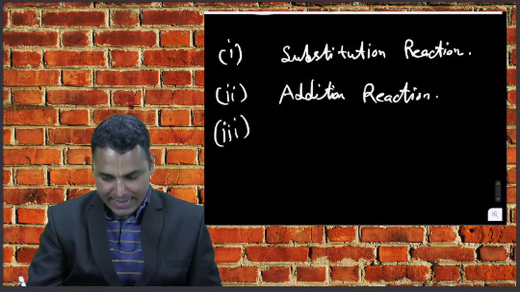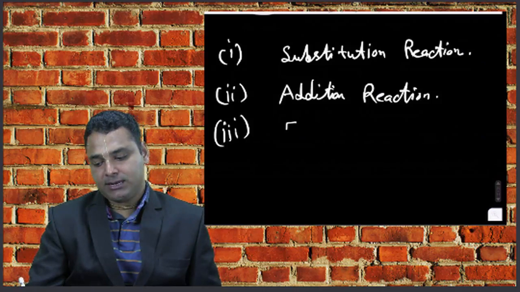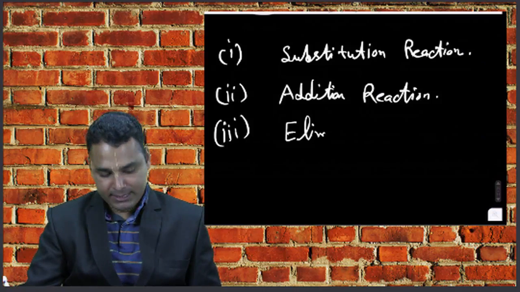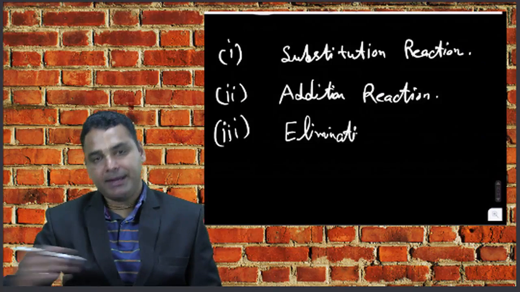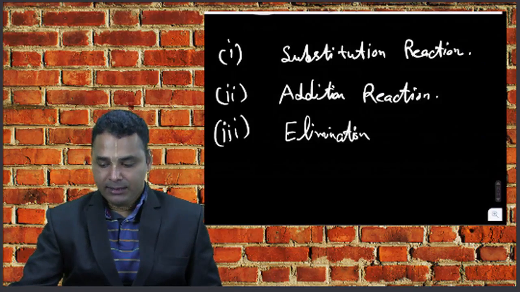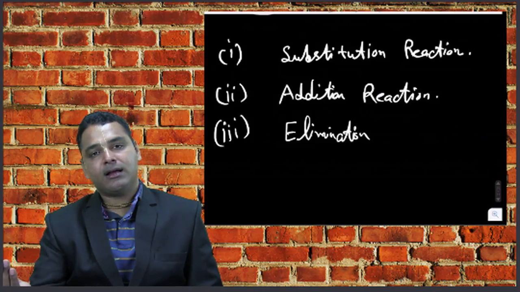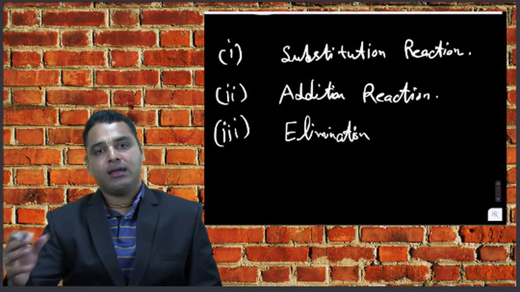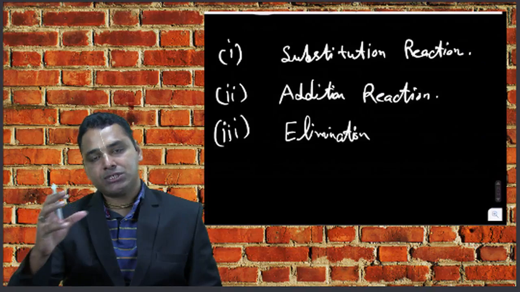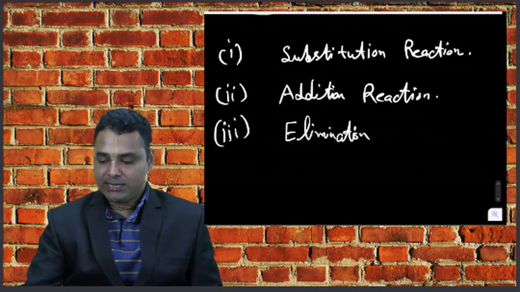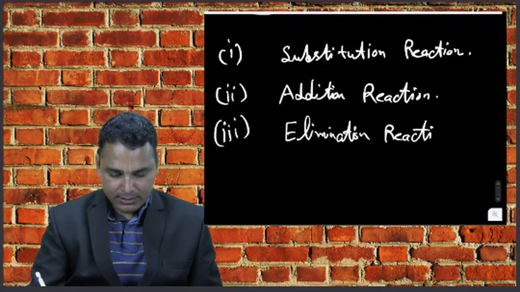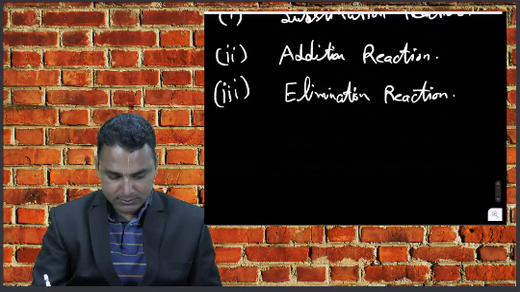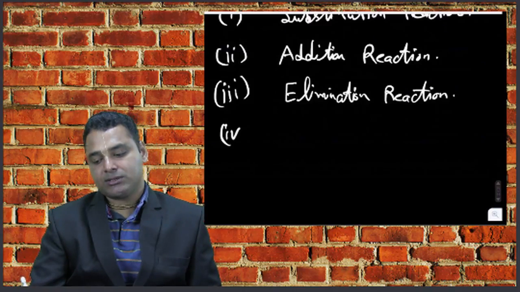And the third one is elimination reaction. As the name suggests, elimination means it will eliminate something as a separate product and some other group will attach there. The main purpose of the reaction is to eliminate something, so that's why it is called an elimination reaction. Then the fourth one is rearrangement reaction.